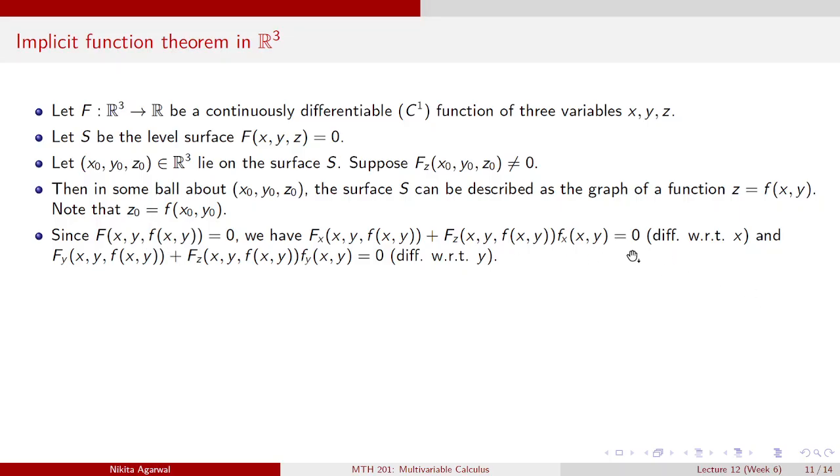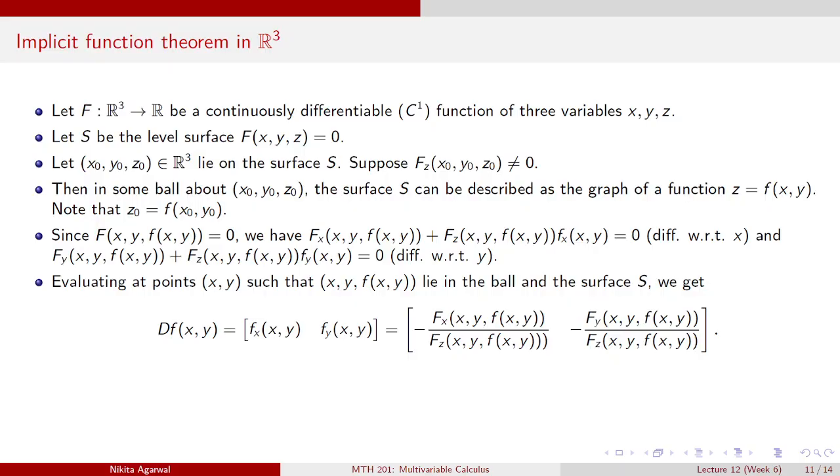And if you differentiate with respect to y, where does y appear? In the second and the third place, right? So you get F_y(x, y, f(x,y)) plus you differentiate F with respect to the third variable, which is F_z at this point, times the partial derivative of f with respect to y. This is differentiating with respect to y.